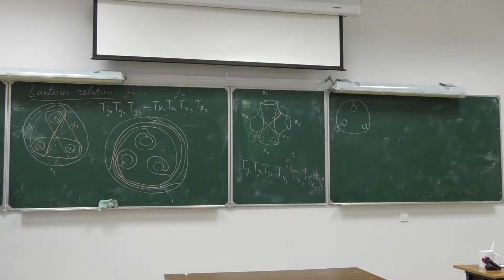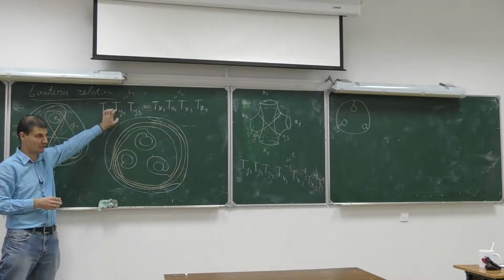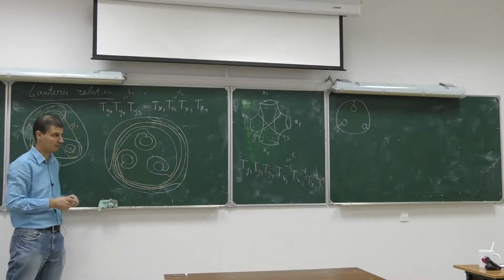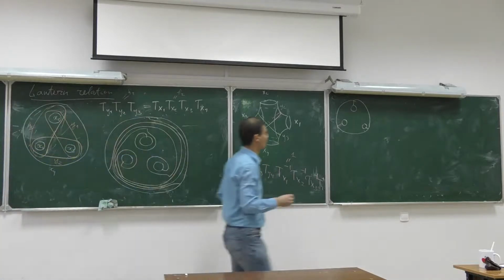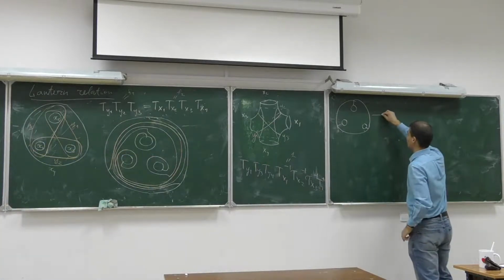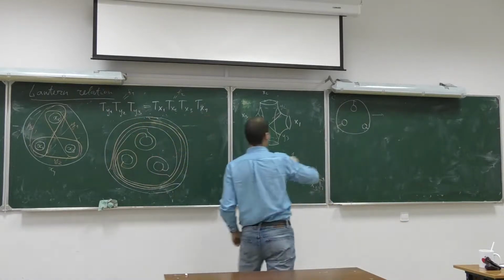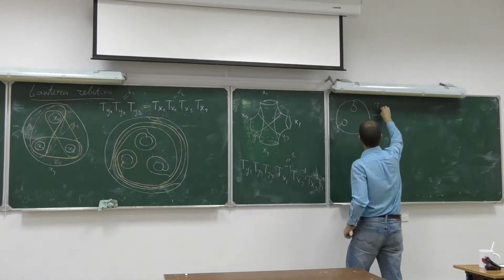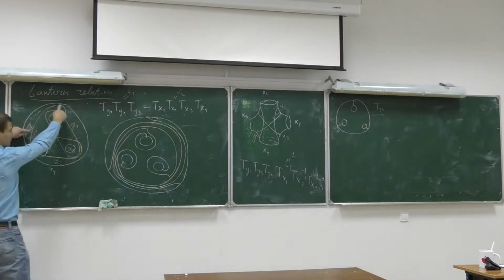Well, now we need to apply these three Dehn twists to the same three curves. Let us do it step by step. First, I would like to apply the Dehn twist about y3. Y3 is here.